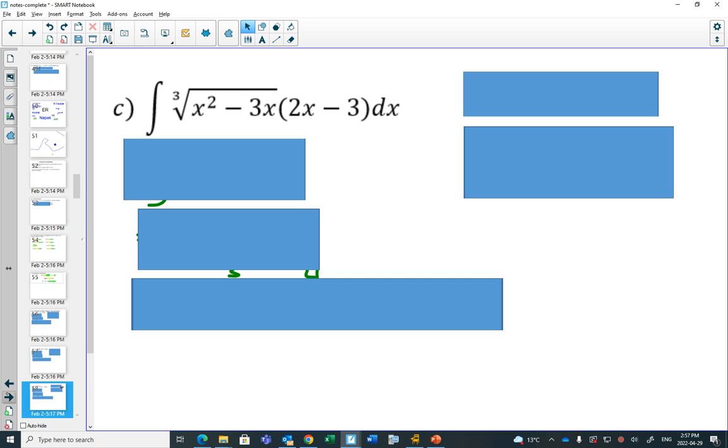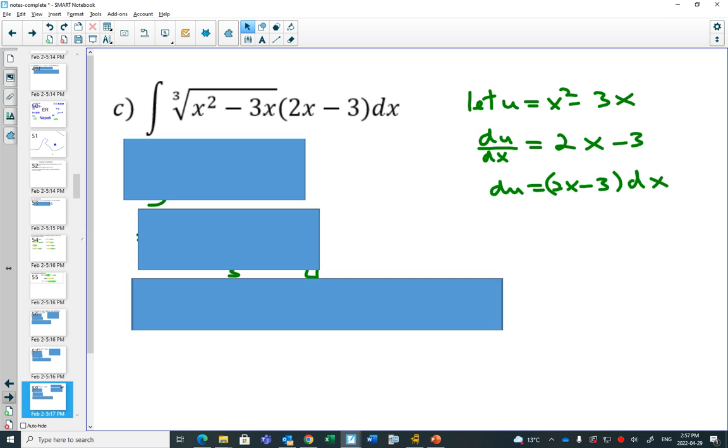So that would be something we are doing often, changing cube roots to fractional exponents. This is the derivative of the inside. Things work out nicely there, so we can say let u equal that. Then our derivative matches up. And when we substitute, it turns into something nice and simple.